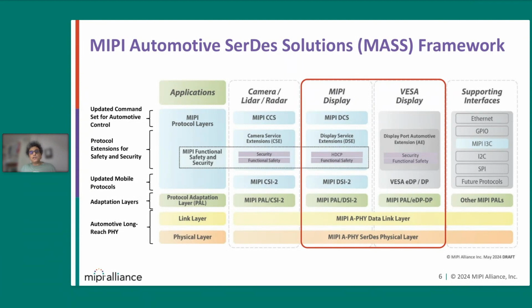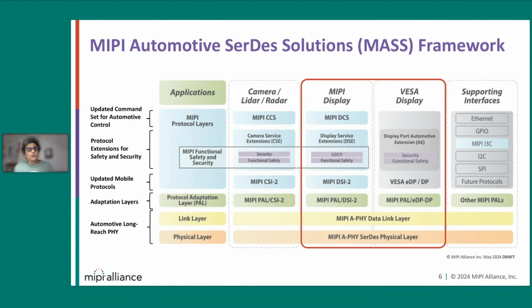And above this adaptation layer, we have the MIPI protocols, which have been already proven in billions of devices in mobile with CSI and DSI, and we also support VESA DisplayPort here for the MAS framework.